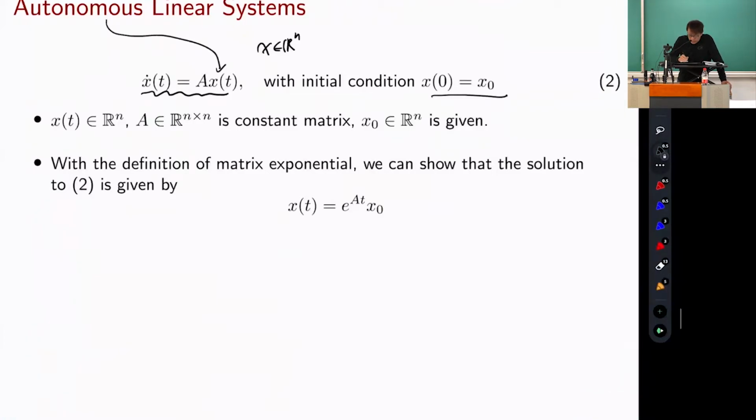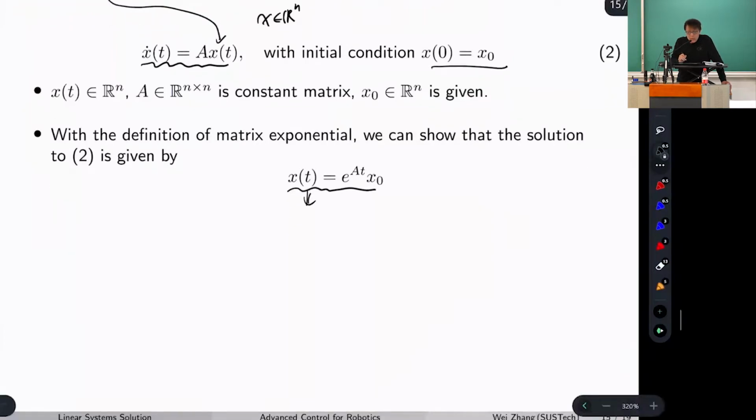So by the matrix exponential, this linear differential equation in vector form has a similar form to the scalar case. You just need to change the scalar to the matrix, right? And how do we prove this? We basically prove most of the things we introduce. How do we show this is the solution?